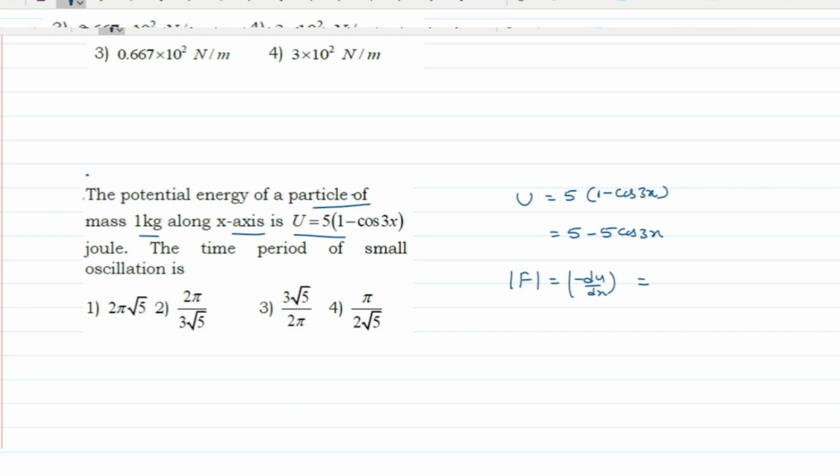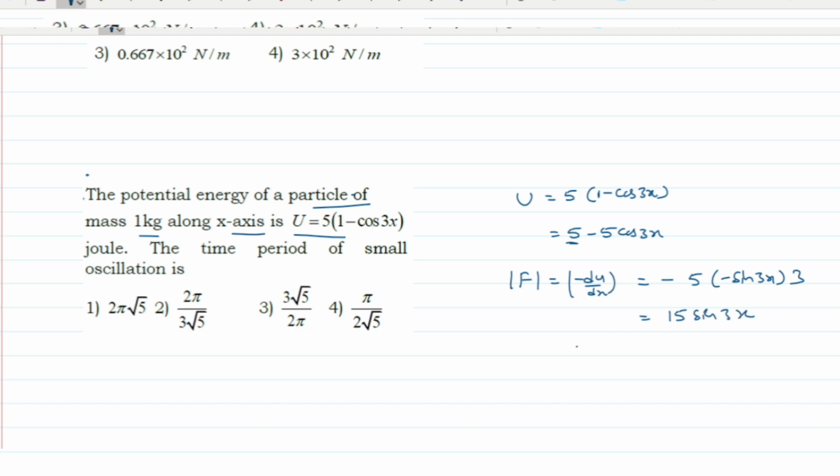When differentiating, the constant becomes 0 and minus 5 cos 3x gives minus sin 3x into 3. Minus into minus is plus, so we get 5 threes are 15 into sin 3x.